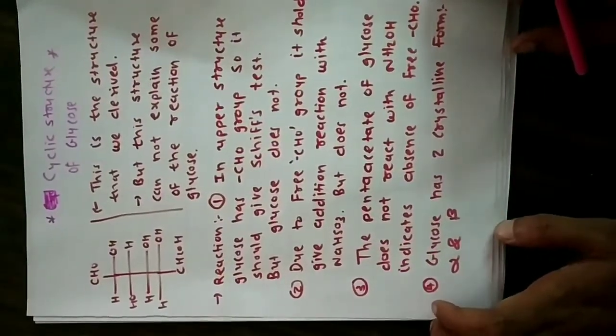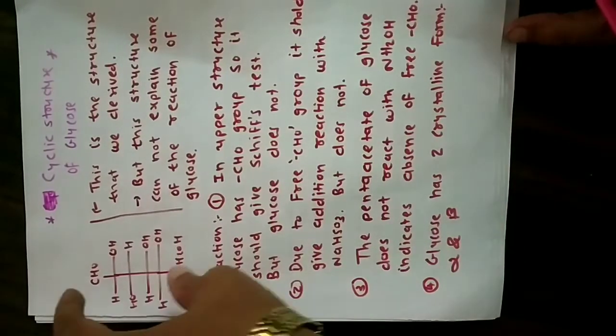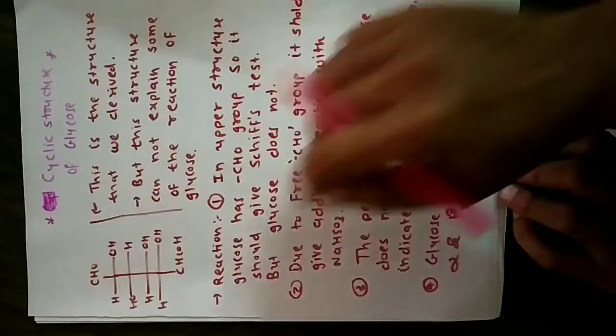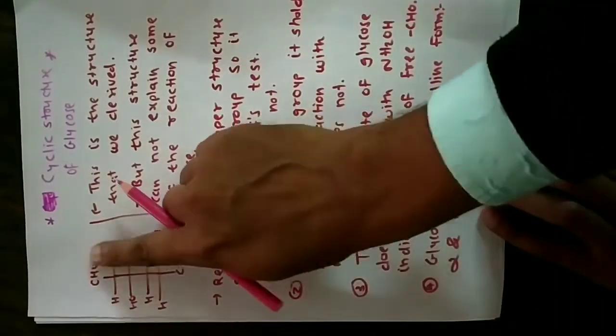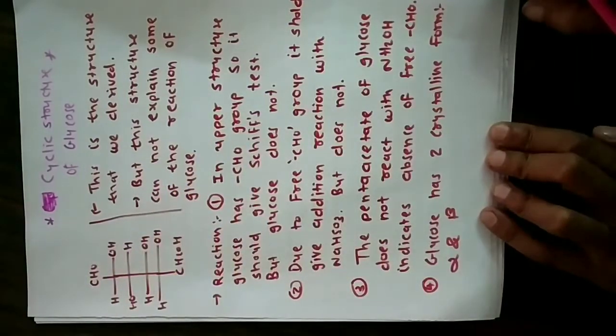First, look at this point, the cyclic structure of glucose. Now, we have derived this structure. It is the structure of glucose. Here you can see cyclic structure is not there. It is a linear structure with 6 carbons in it.